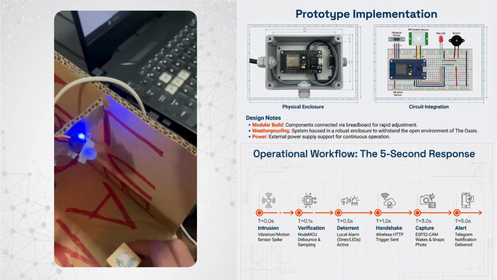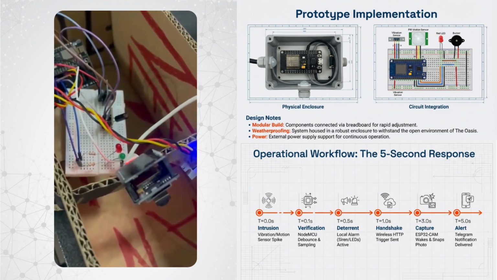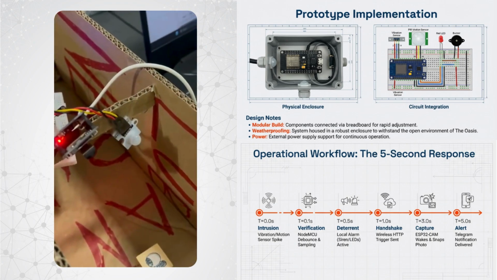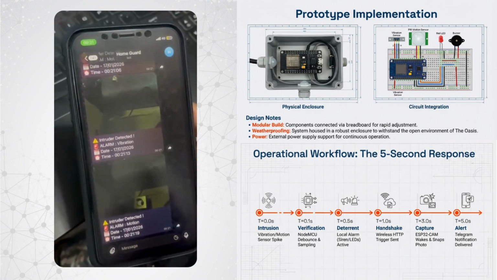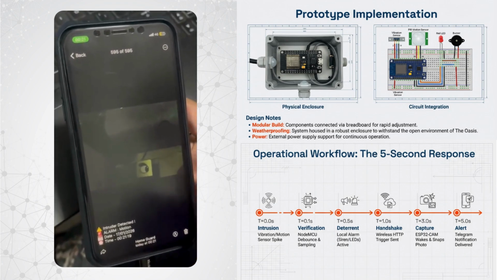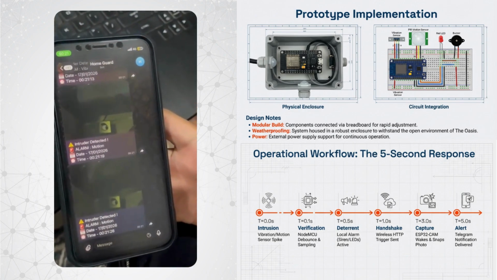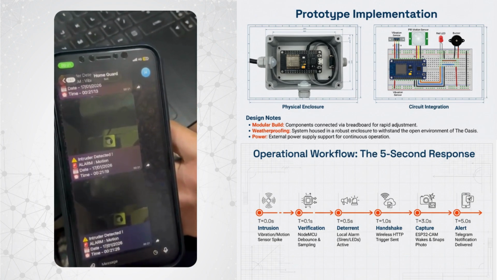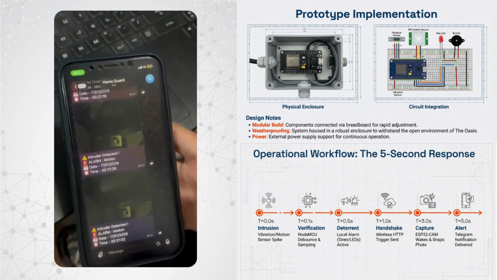When it detects any motion over here, it will turn red, and the camera will also capture the picture. So this is how it looks. The camera will take a picture at the entrance of the farm, and it will tell us which alarm is actually detected, either motion or vibration, and also the date and the time.